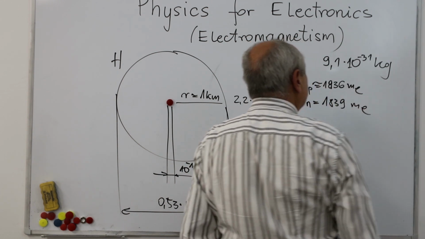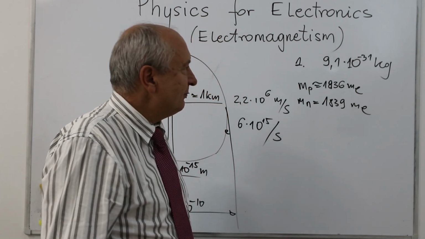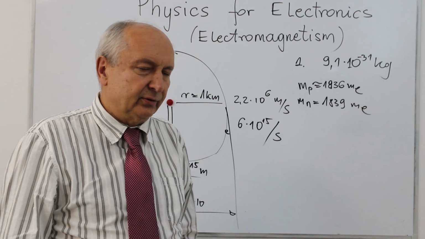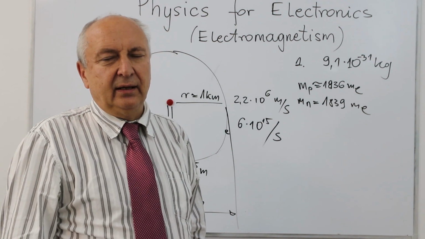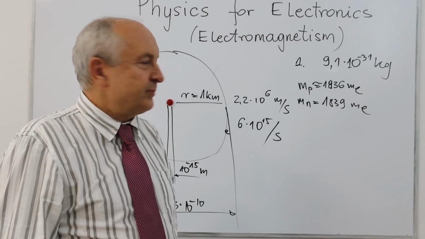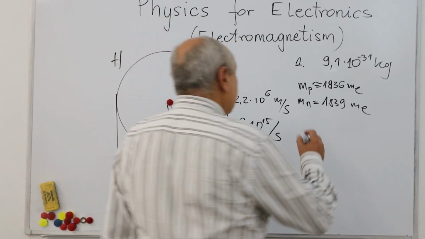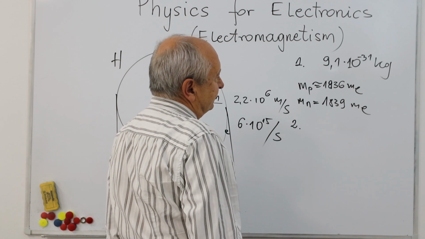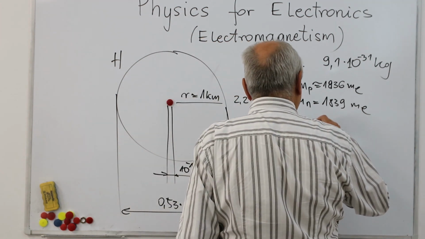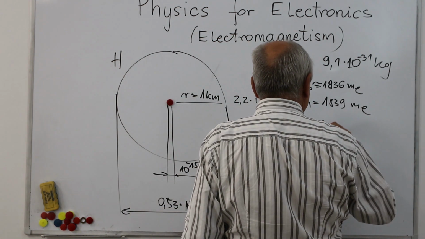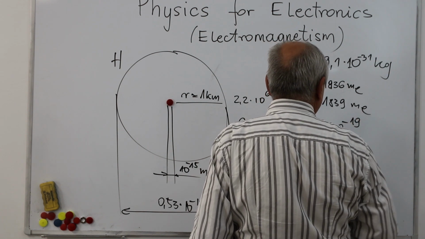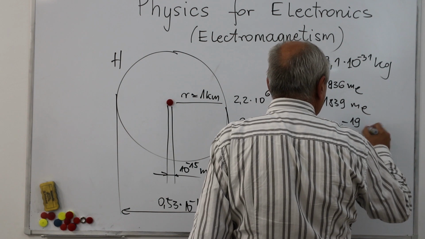Mass of the electron is not important for us. Much more important is the charge. And the charge of the electron is equal to 1.6 times 10 to minus 19 Coulomb.